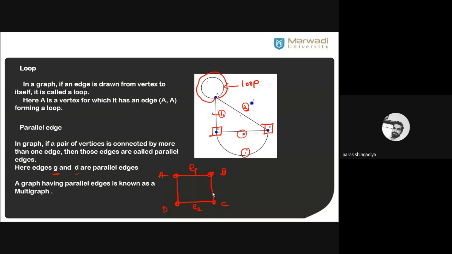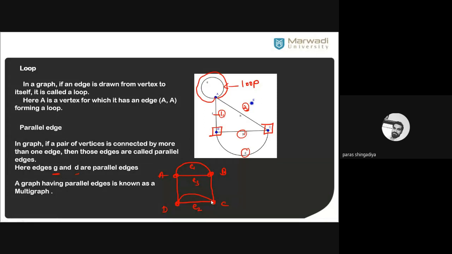Their starting and ending both must be the same. E1's starting is A and ending is B, and E2's starting is D and ending is C. So E1 and E2 are not parallel edges. But if I draw an edge in this way, now E1 and E3 are parallel edges. If I add one edge here, inside, it is also called a parallel edge.